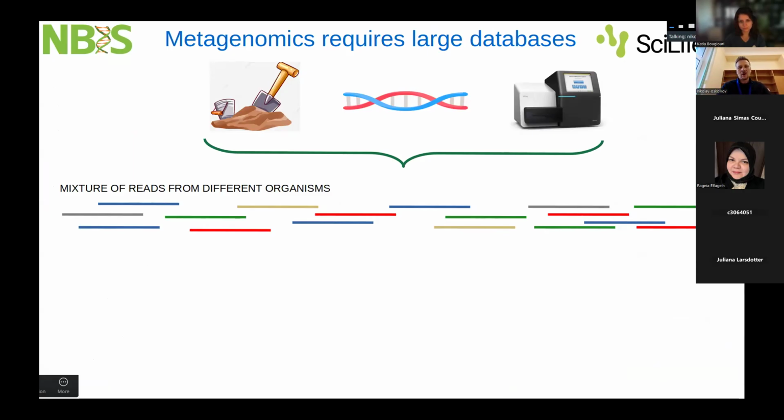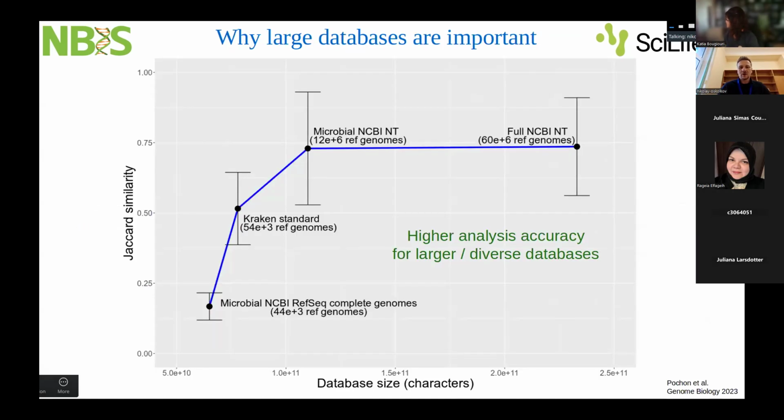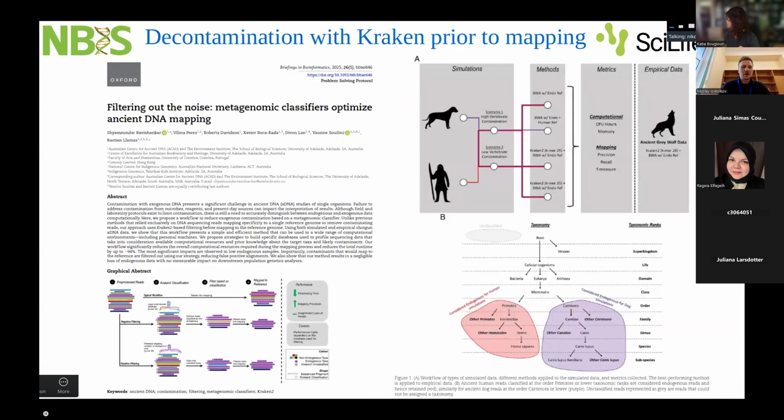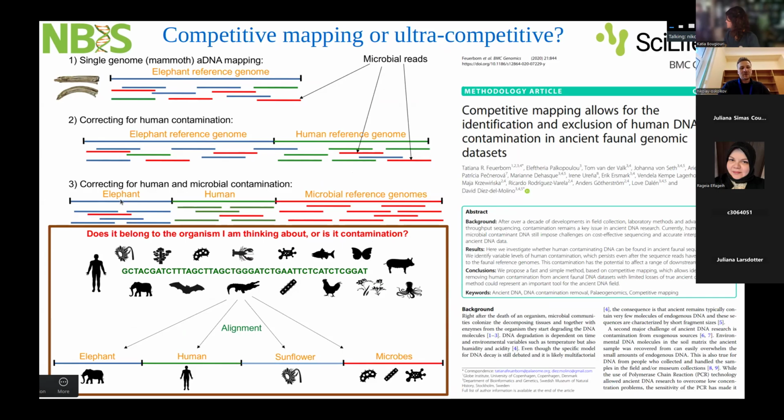Because if you have a mammoth task, you may assume there are a few more organisms, but you at least have some idea what it can be, human DNA, maybe microbial DNA, but at least you know the host. Like the host was a mammoth, so your analysis is more focused around mammoth DNA.